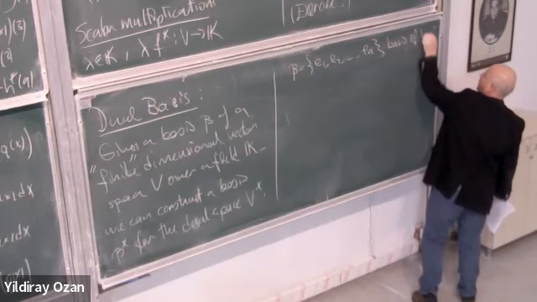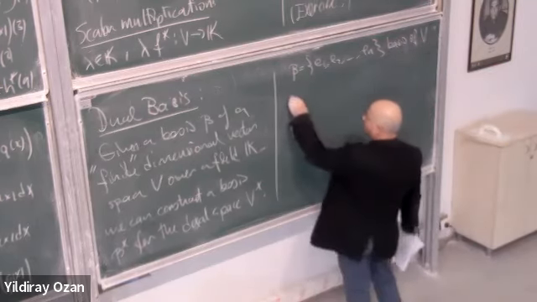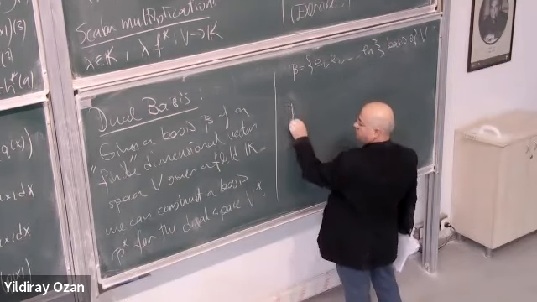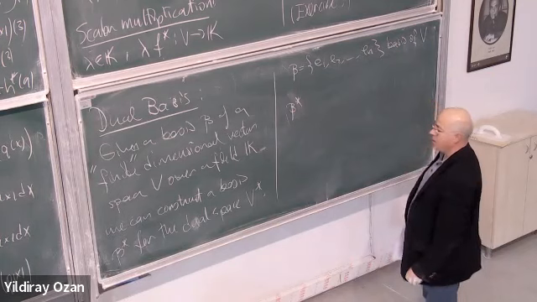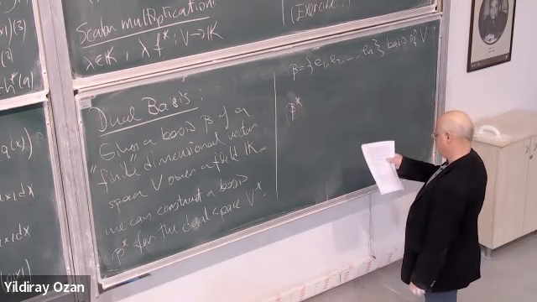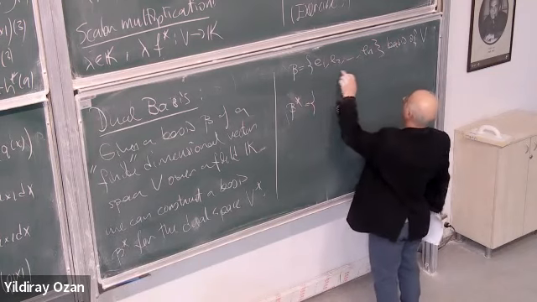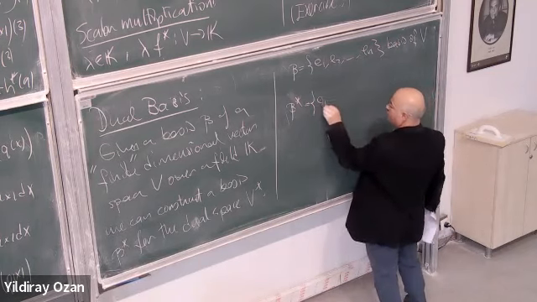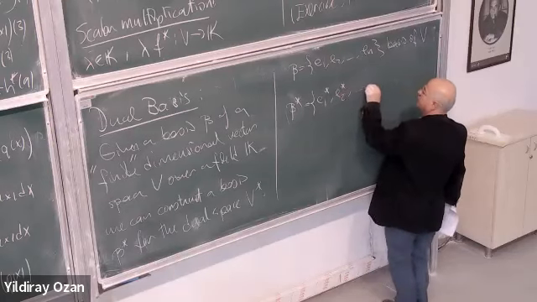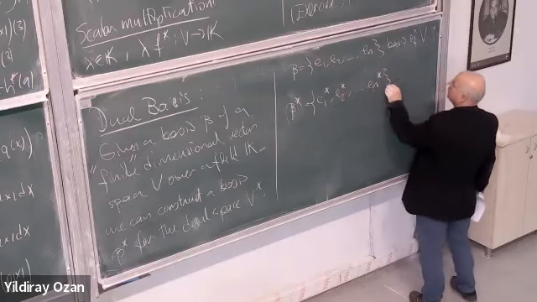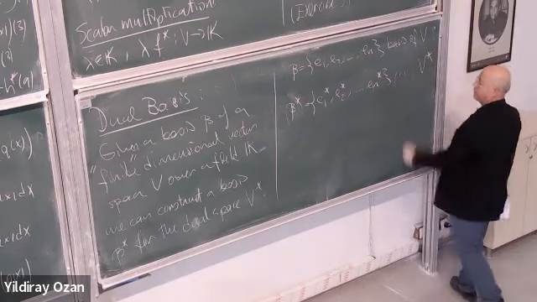Now I will construct a basis for V star, so E1 star, E2 star, ..., En star, a basis for V star.